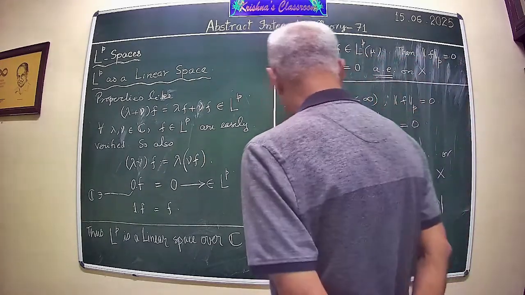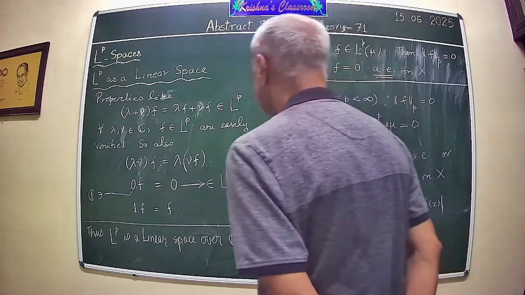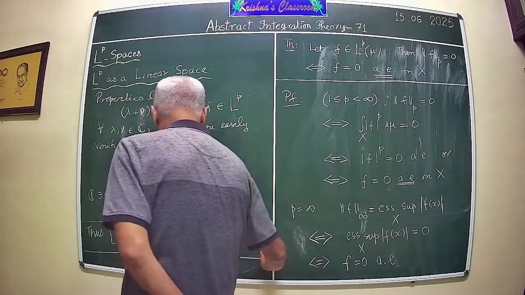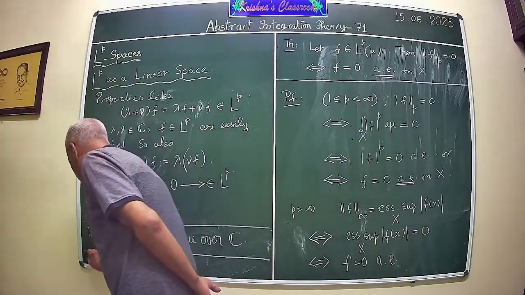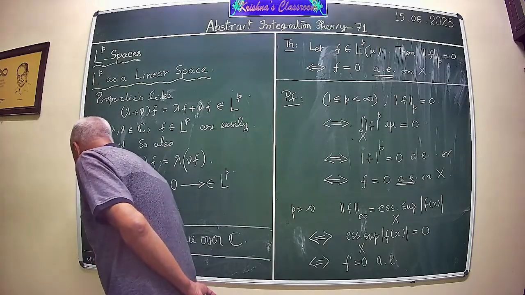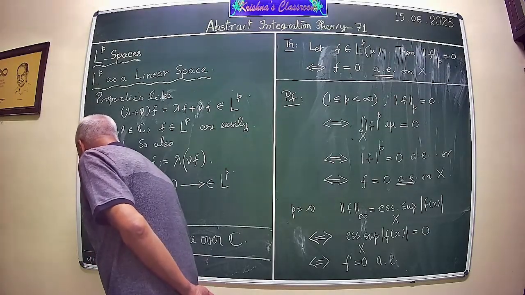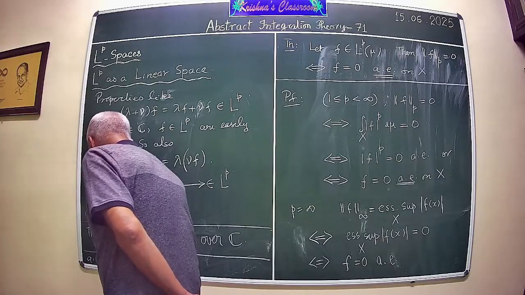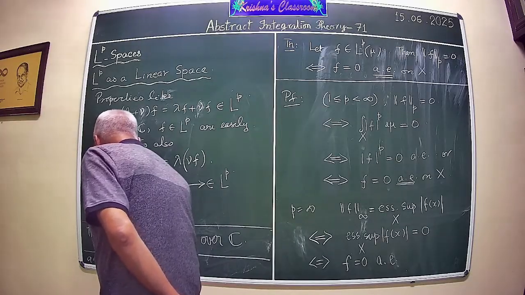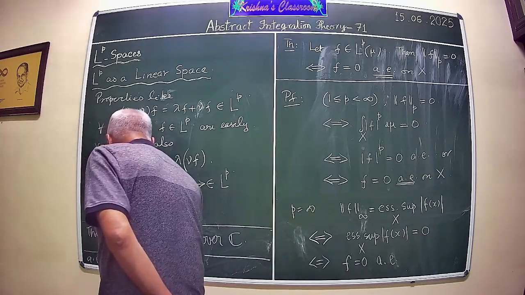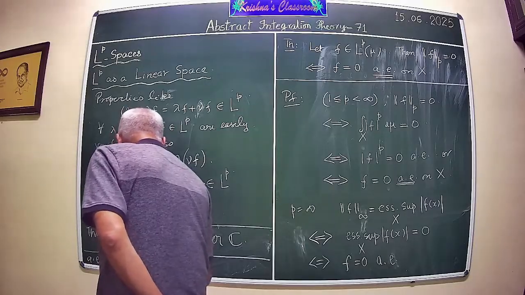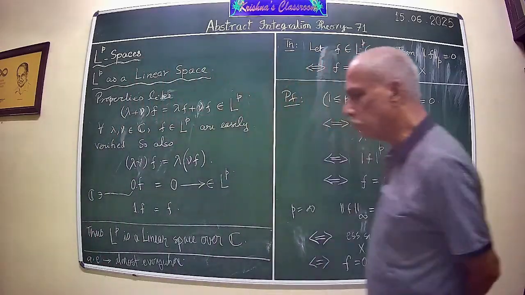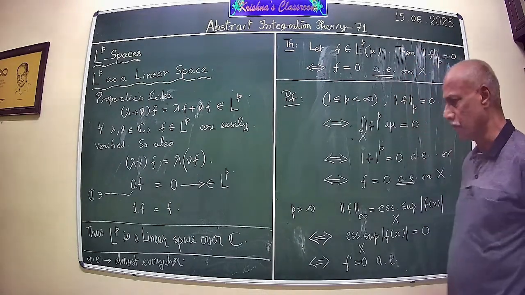Okay, so let me just summarize: this means except possibly on a set of measure 0.